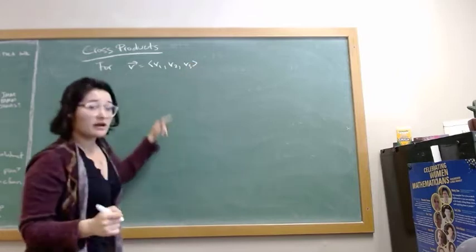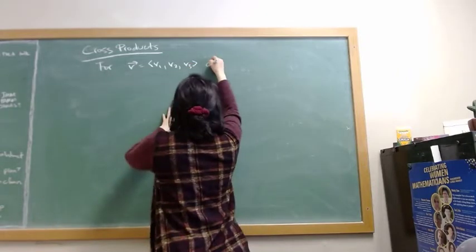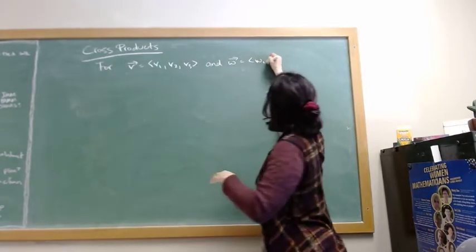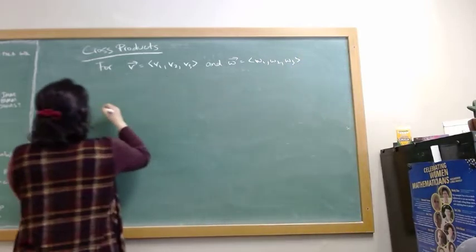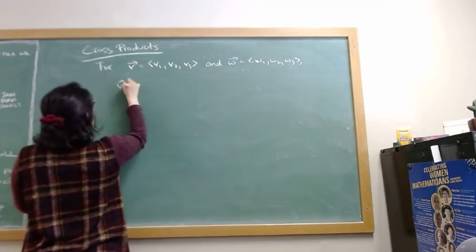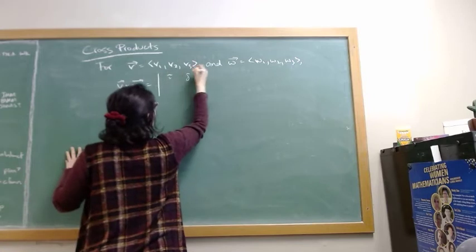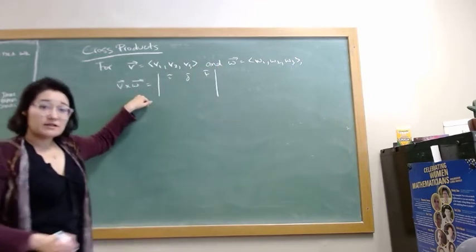So I'm going to imagine we have some vector v with components v1, v2, v3. W is built the same way. Our cross product we can obtain using determinants.